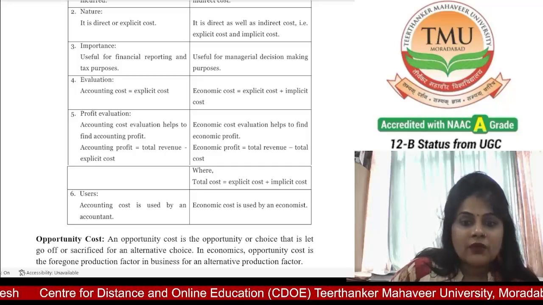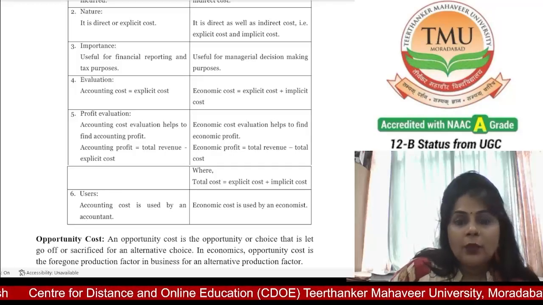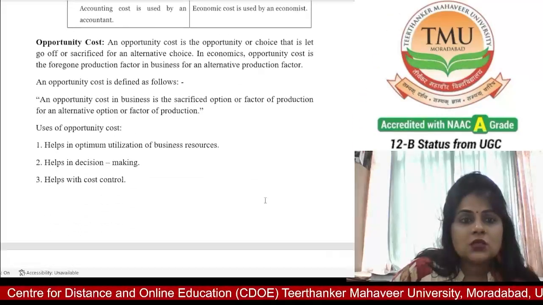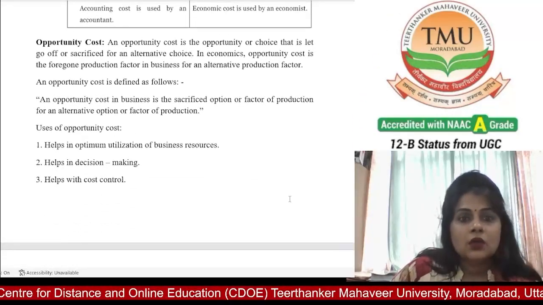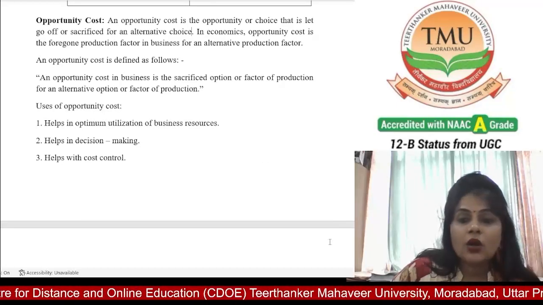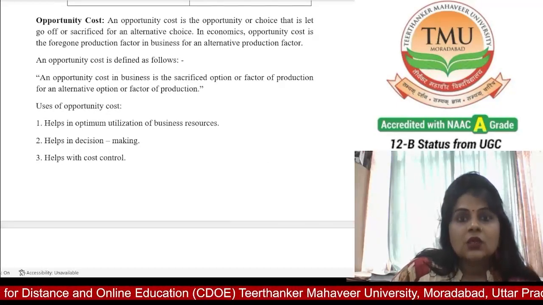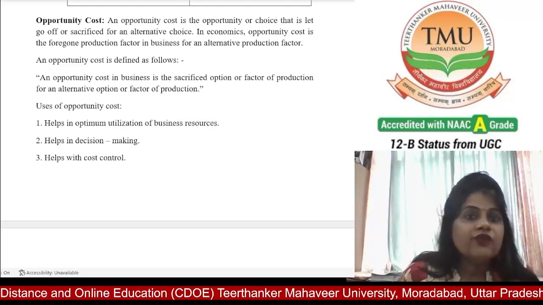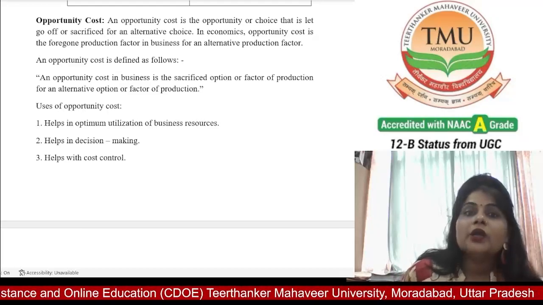Now we discuss the opportunity cost. Opportunity cost is the opportunity or choice that is let go of or sacrificed for an alternative choice.